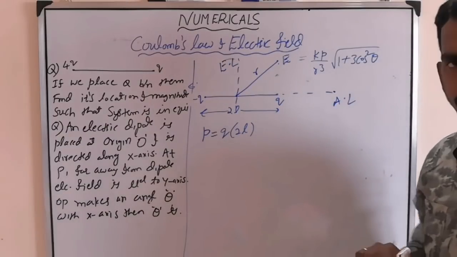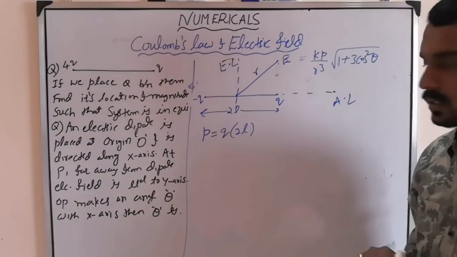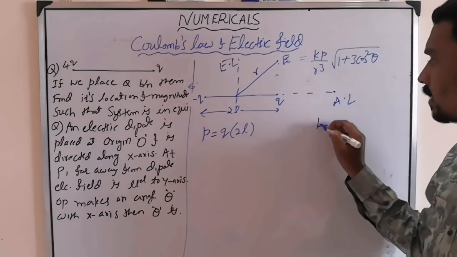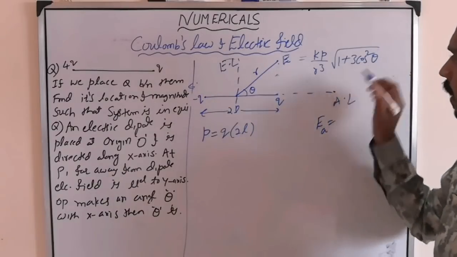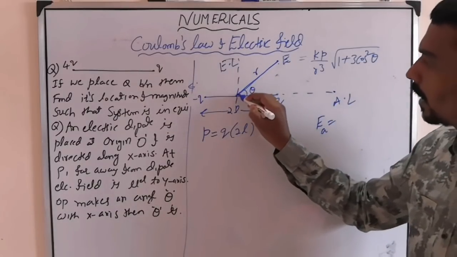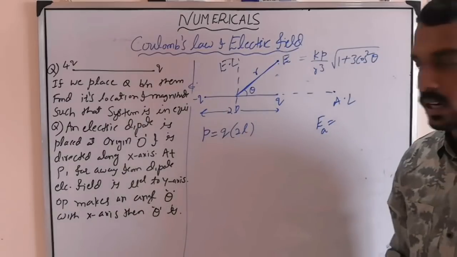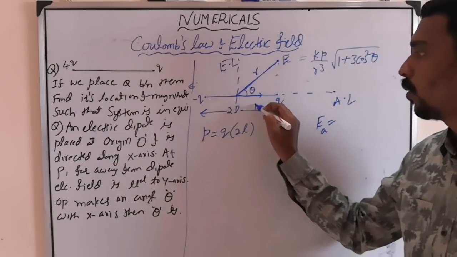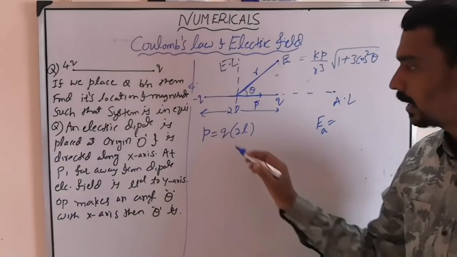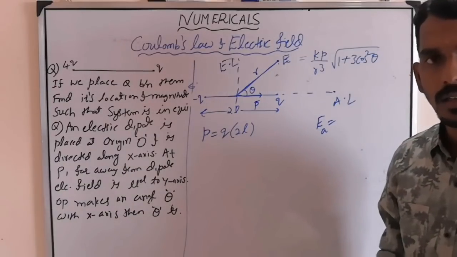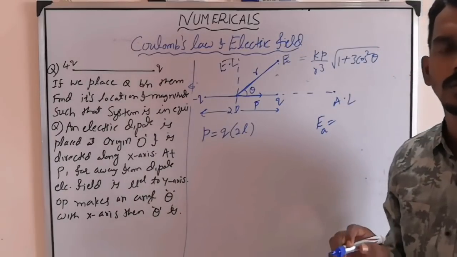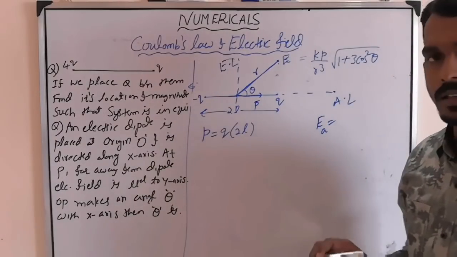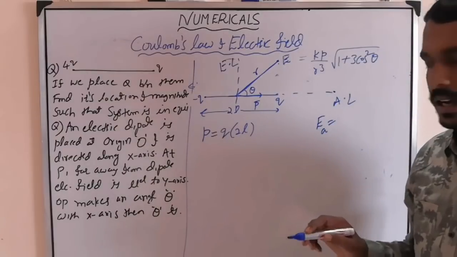Now, this theta is the angle made by the position vector with p bar. What is p bar? The electric dipole moment vector, which always directs from negative charge to positive charge.